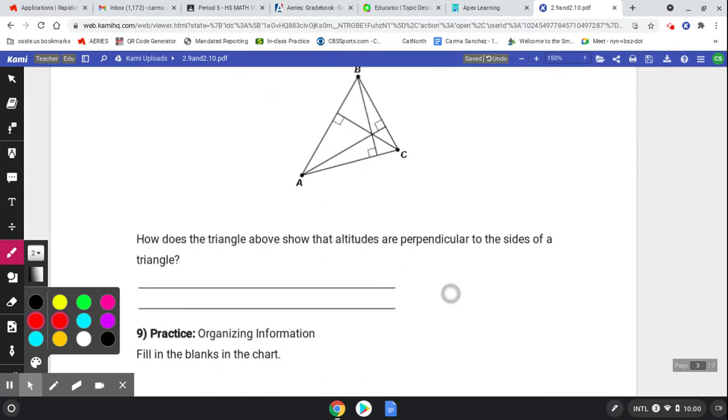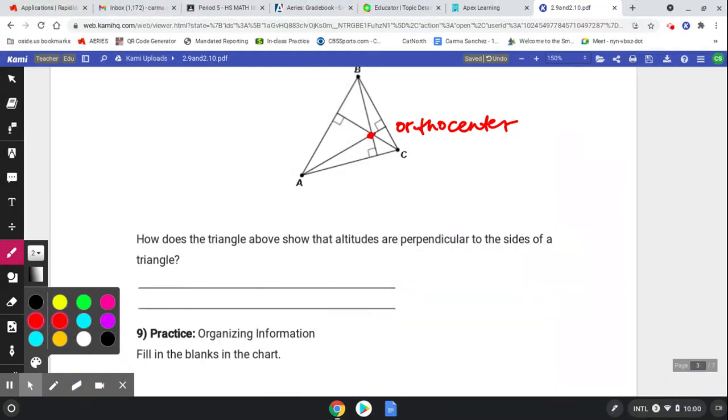All right, using this image, go ahead and label. So here we go, labeling the orthocenter. And it's asking us, how does the triangle above show us that the altitudes are perpendicular to the sides of the triangle?